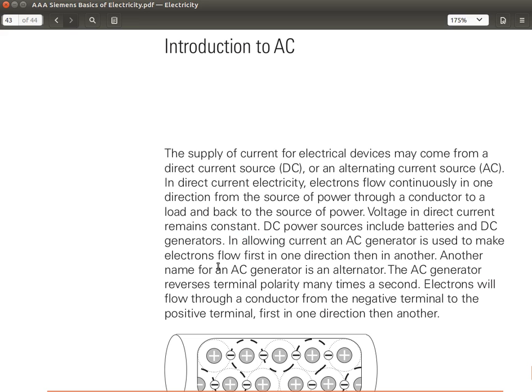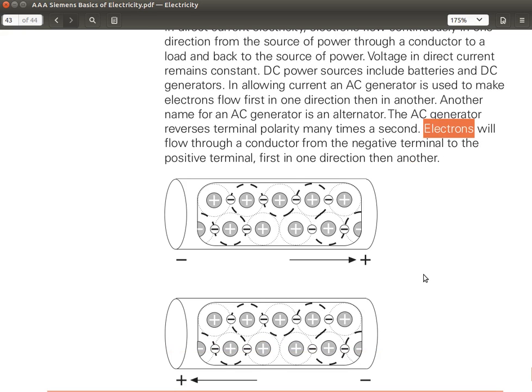Another name for an AC generator is an alternator. The AC generator reverses terminal polarity many times a second. In most cases, it is 50 or 60 times a second.